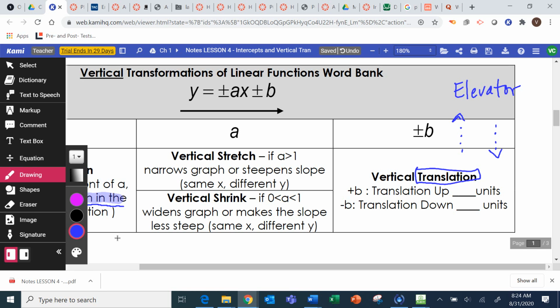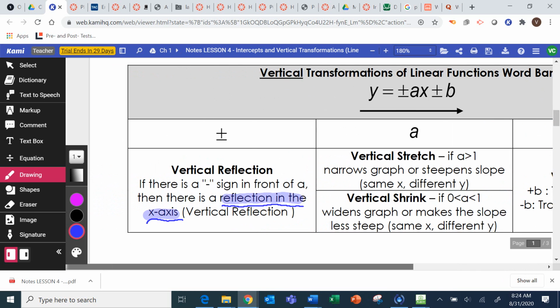You have to use the correct terminology, the correct vocabulary when we learn this stuff. I'm pretty sure all of us can take something and move it up 3 steps, 3 spots. But can you tell me that was a translation up 3 units? So you're going to use the correct vocabulary.